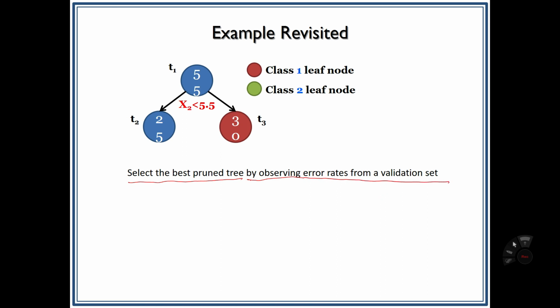So to build a decision tree, in fact, we have to split a data set into not 2 parts, but 3 parts. So we split data into 2 parts, training set and test set, right?